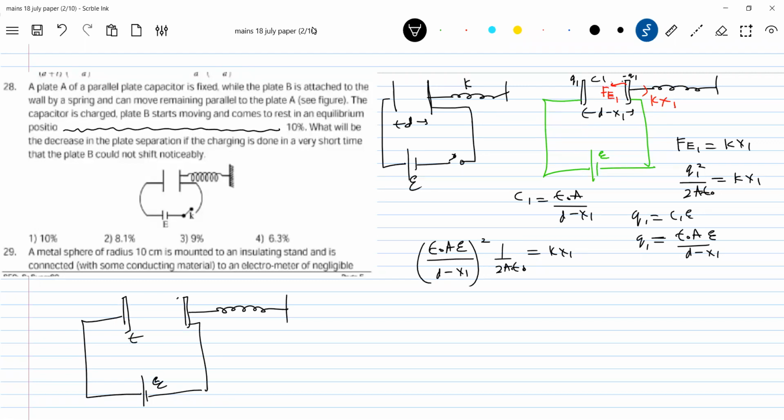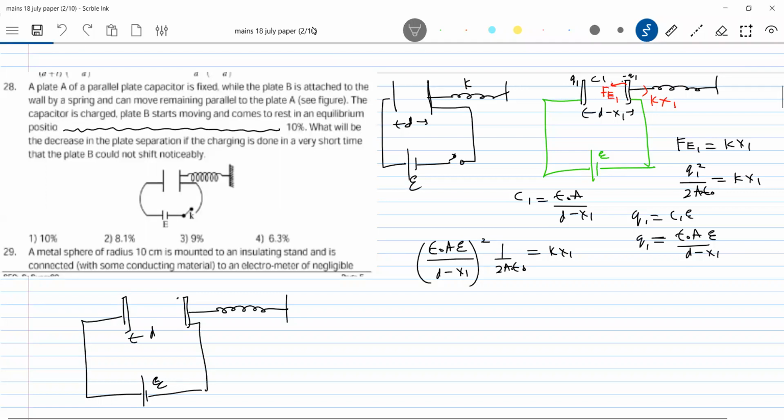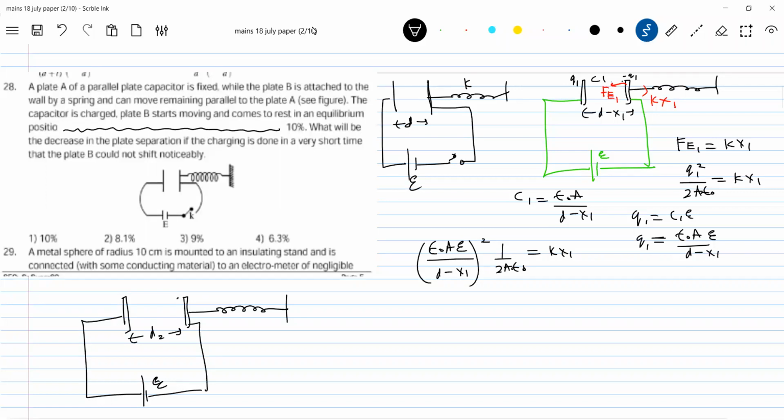So now the separation will become, let it be D2. Some separation between the plates will become D2, where the spring will get elongated. Charge, let it be plus Q2, minus Q2.